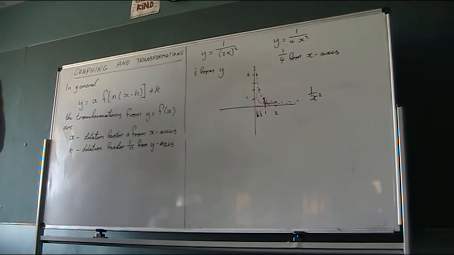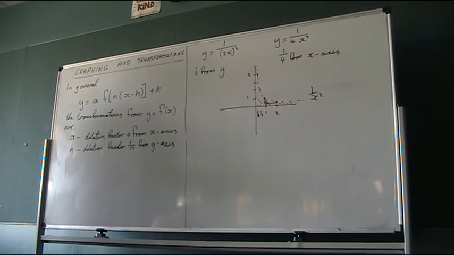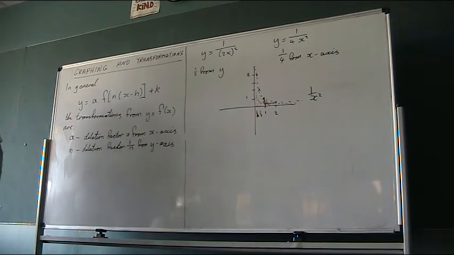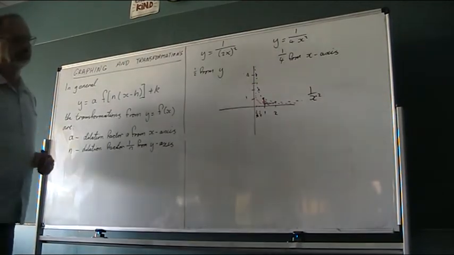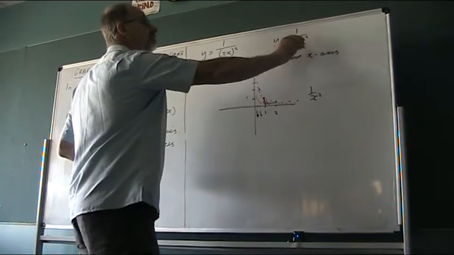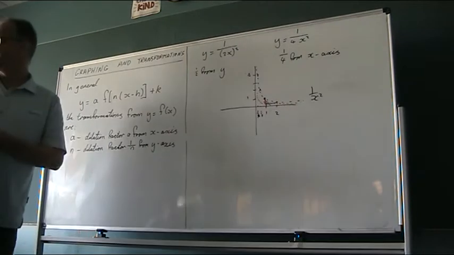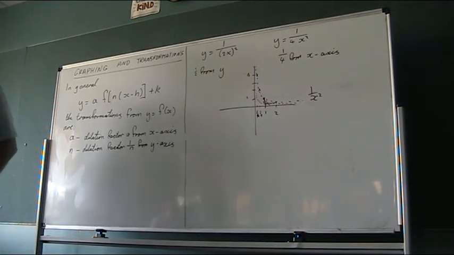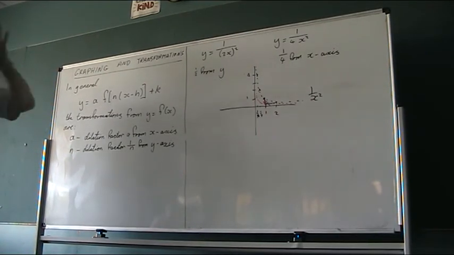Alright, and so sometimes we get confused about that. So if the 4 was outside of brackets of the whole, would that be a factor 4 from x-axis, not 1/4? It'll still always be 1/4, because you're doing the times by 4 after you've done the function.